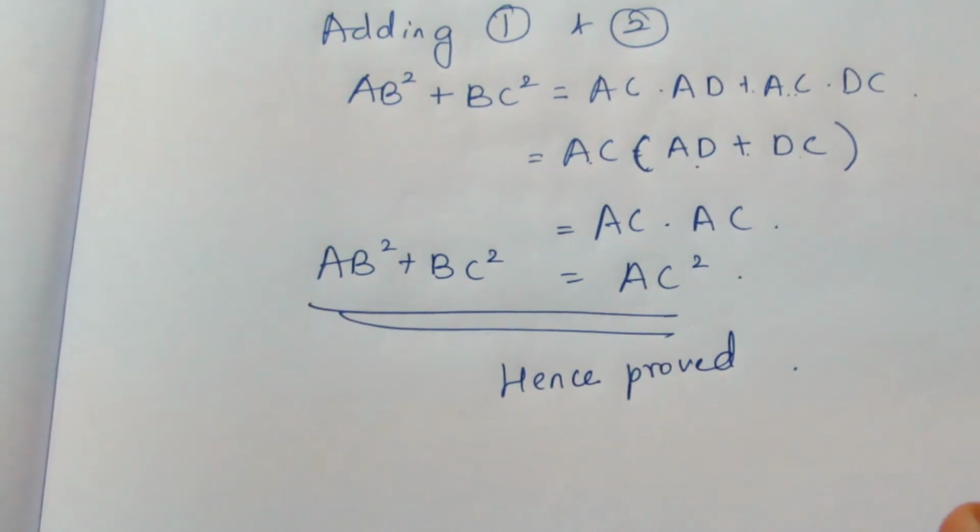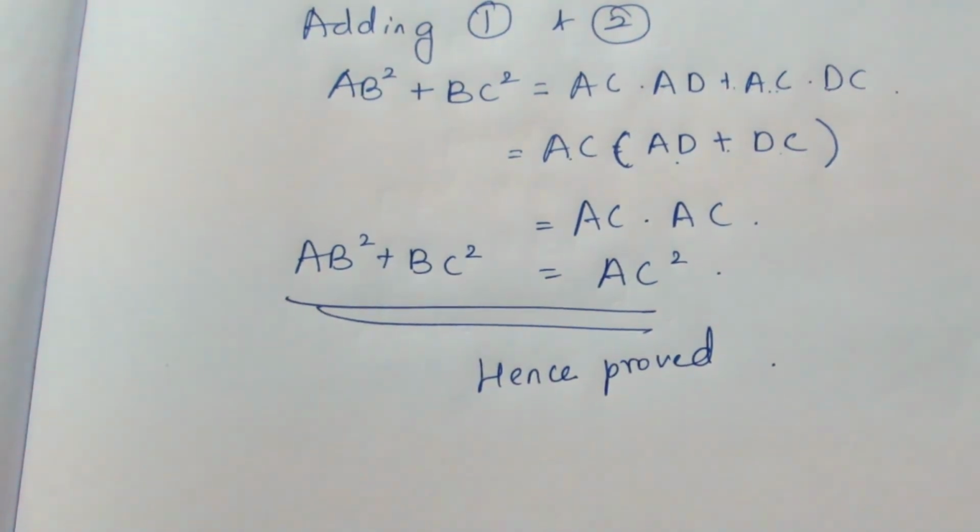So what we did in this sum: we took the smaller triangle with the bigger triangle, proved the similarity, then wrote the sides to be proportional. If we cross multiply the elements which are diagonal, it becomes AB square equal to AC into AD.